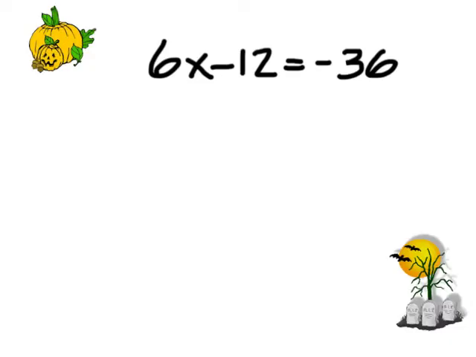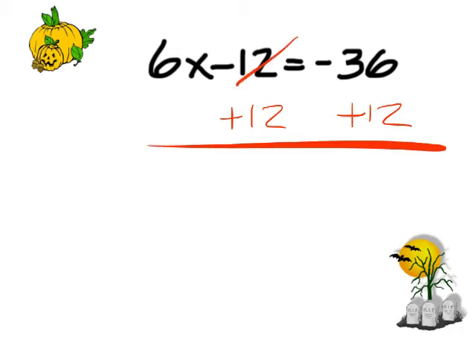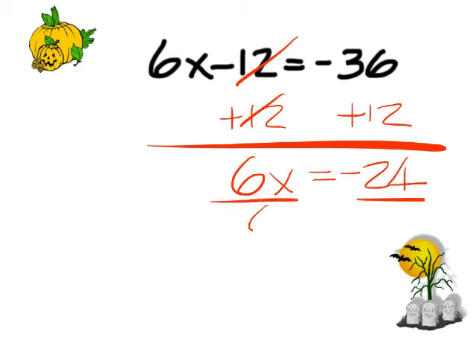Bonus problem number 4. For the bonus problem, add 12 to both sides. These cancel, and you have 6x equals a negative 24. Divide both sides by 6.